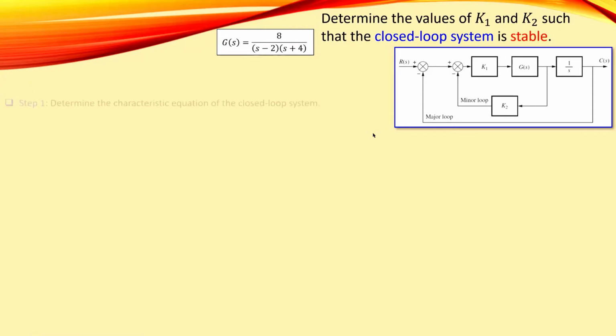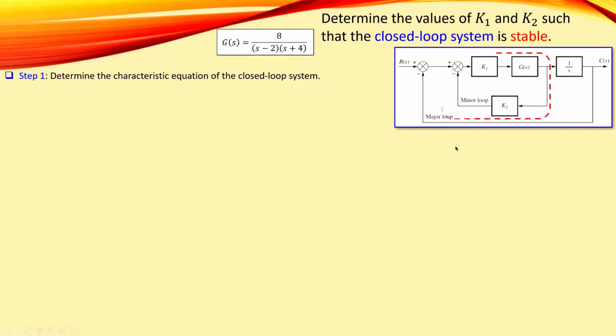Again, what we do is we determine the characteristic equation of our closed-loop system. Now, since this is a somewhat complicated diagram, let's first simplify the situation by making a selection of the diagram. So I will take this part of the system, I will just call it A(s), and I will make a transfer function of that one using Mason's gain rule.